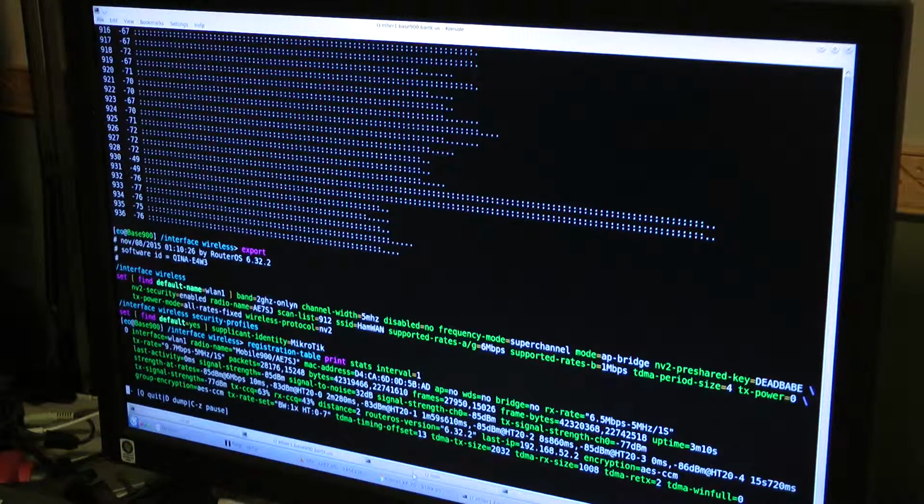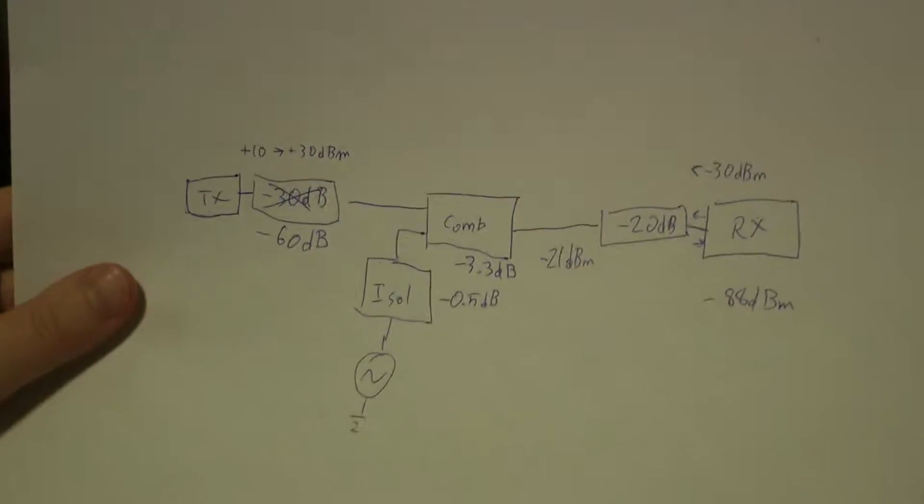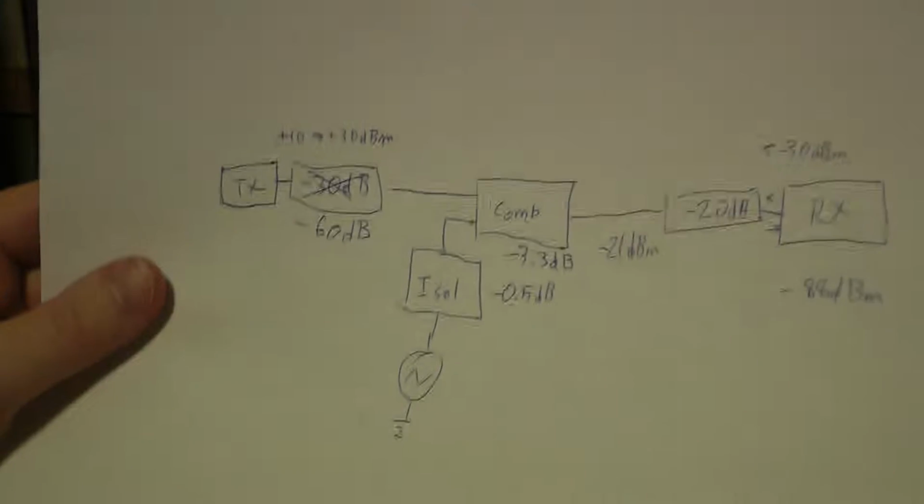Also, because of the way the signal is being injected. Let me get the diagram here. I don't know if this will focus. There we go. Ugh, where's my pointer?